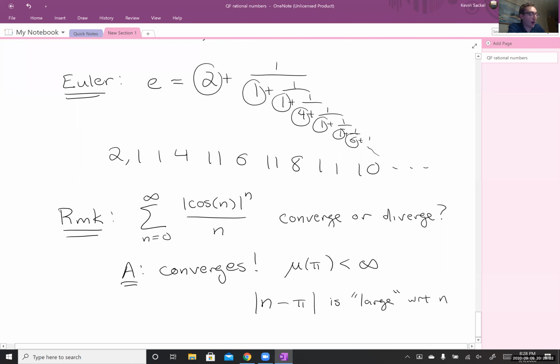So the fact that its irrationality measure is non-infinite means that n minus pi will never get too small. And it turns out that's exactly what you need to prevent cosine of n from getting too close to 1. Because if you have a 1 too many times, then this thing will diverge. And so you end up getting this remarkable fact that understanding irrationality measures of a number like pi can tell you when these tricky sums converge or diverge.